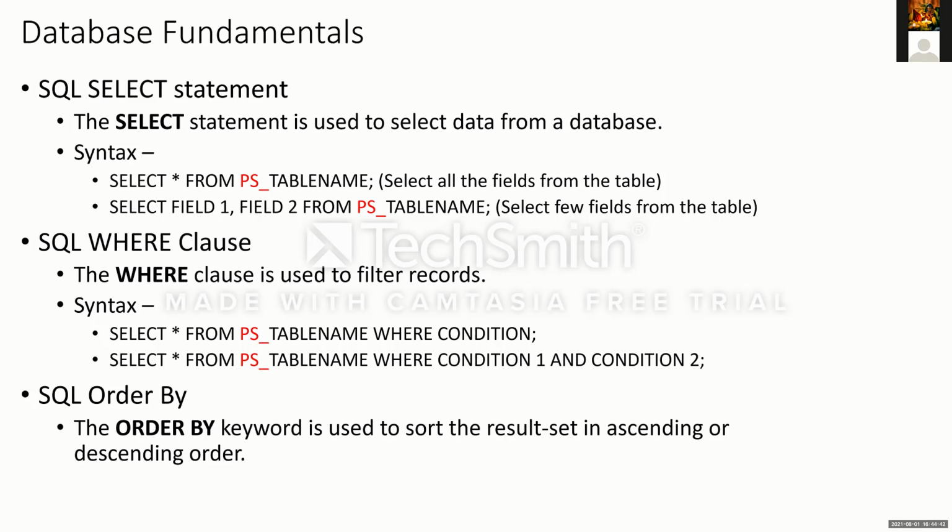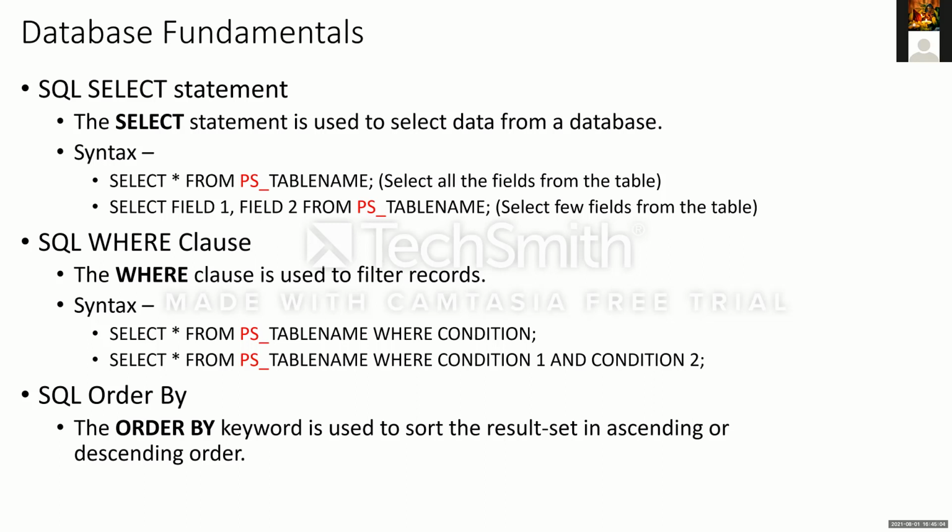What is the difference between the delivered record and the new record? As per PeopleSoft standard, you should not start your record name directly as it is. You have to use a certain prefix, and that prefix should be with respect to your organization or project.